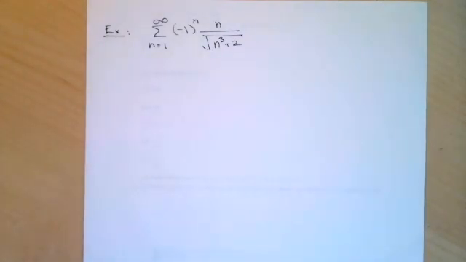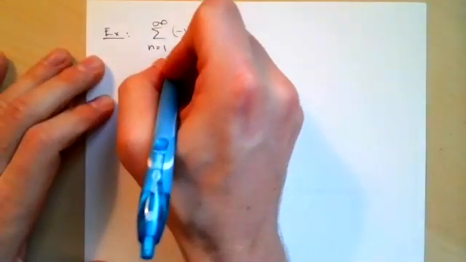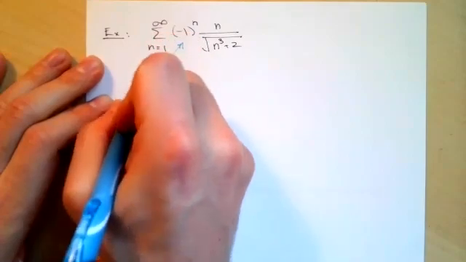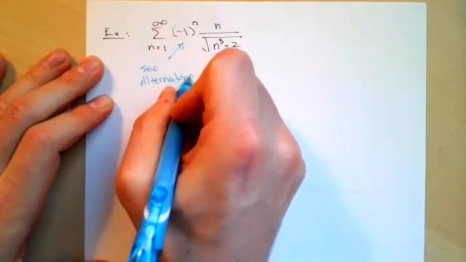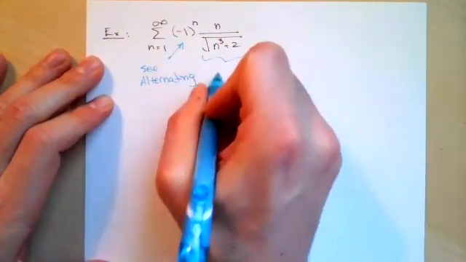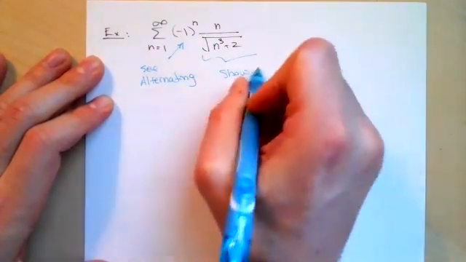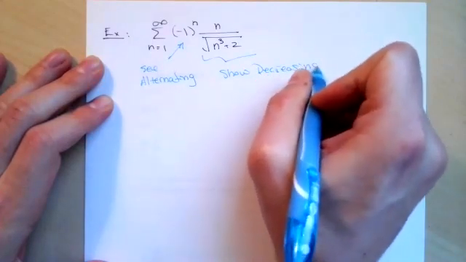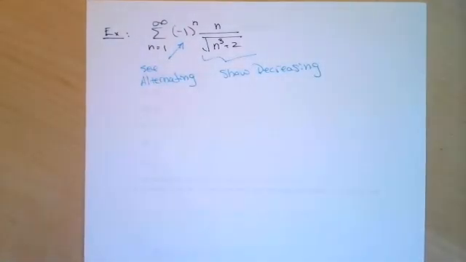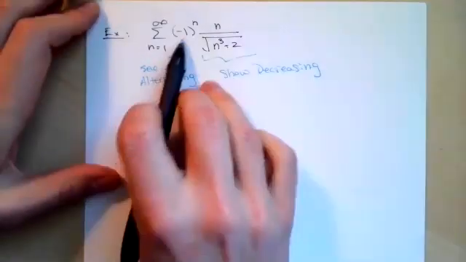So we see the alternating. We just have to show decreasing. If the problem just asks for convergence or divergence, this is all we have to do.